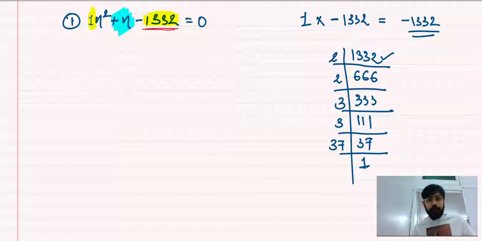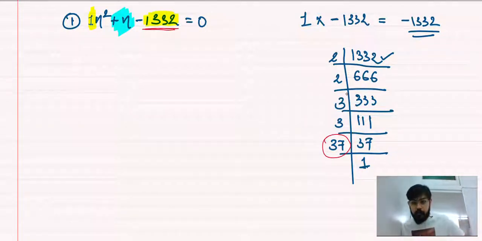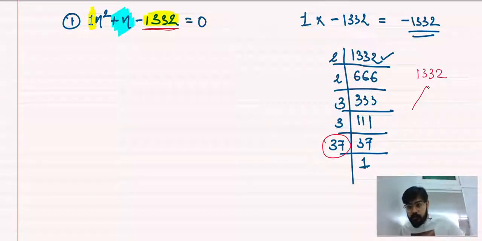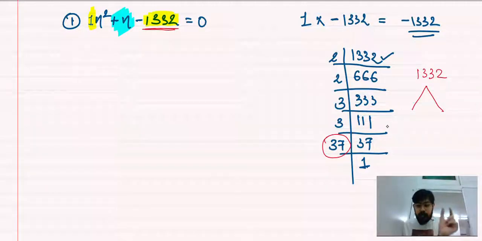Now see, here I have 37. I won't multiply 37 with any other number, because that will become very big, and I want the prime factors' sum or difference to give me 1. Now 1 is a very small number, so the two factors of 1332 should be considerably similar in their magnitude.